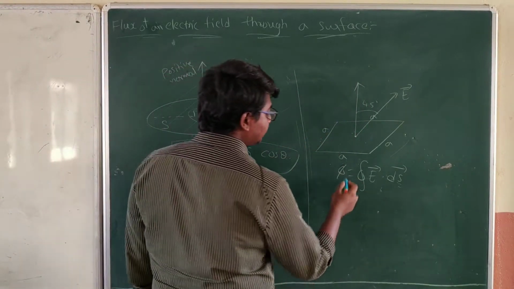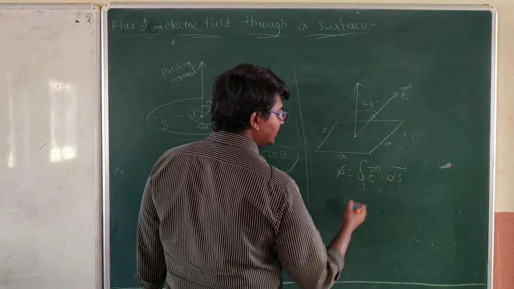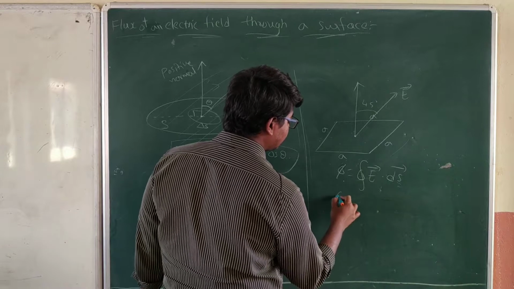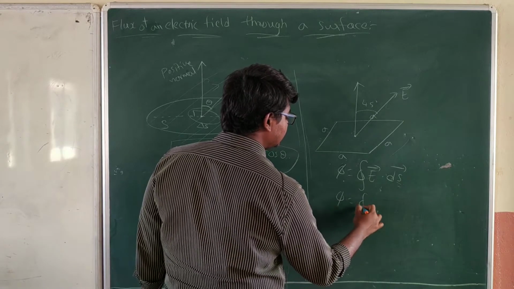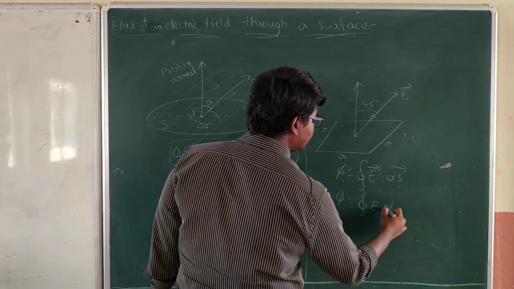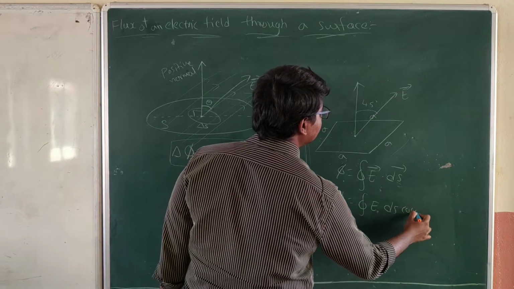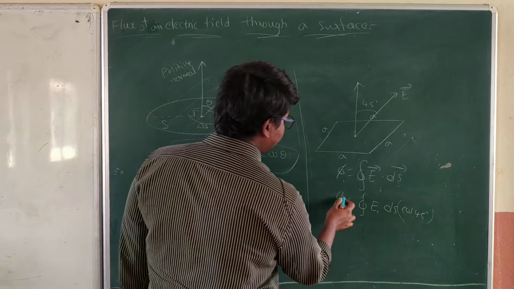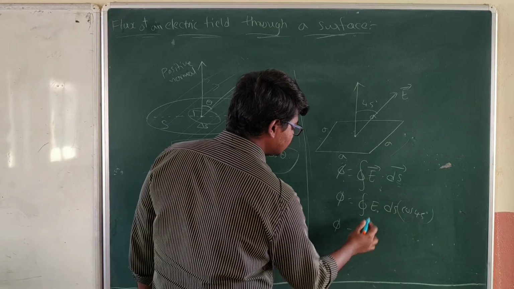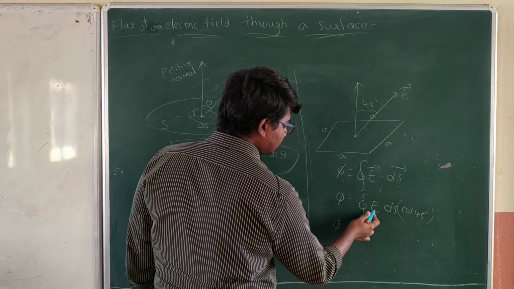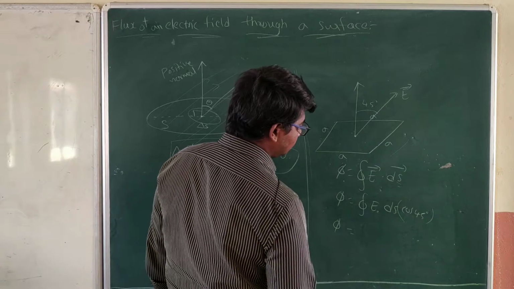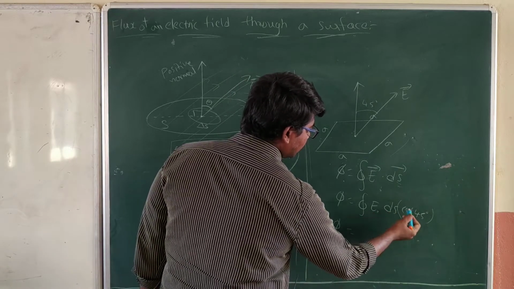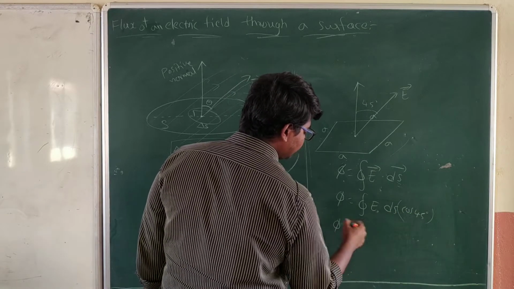See, phi is equal to integral E bar dot ds we have taken here, and now phi is equal to integral E ds cos 45 degrees, whatever angle is given, we have substituted. Next, phi is equal to E, which is a common thing, and cos 45 is also a constant. E and cos 45 are constants, so we can bring them out.